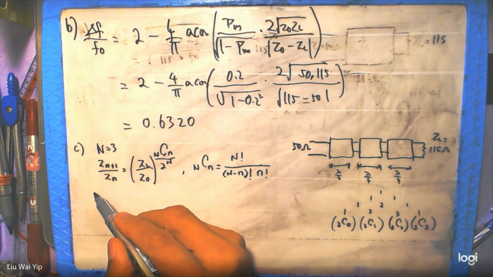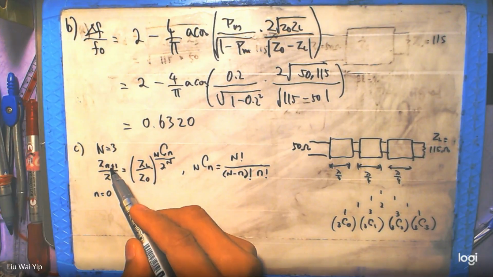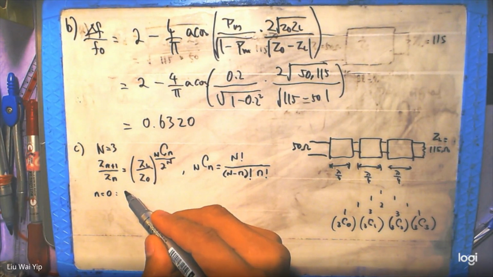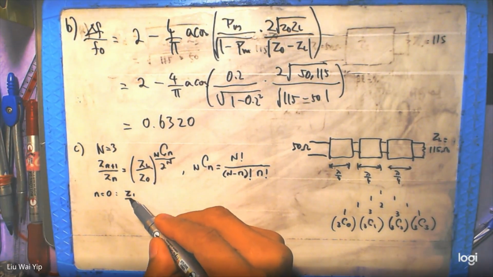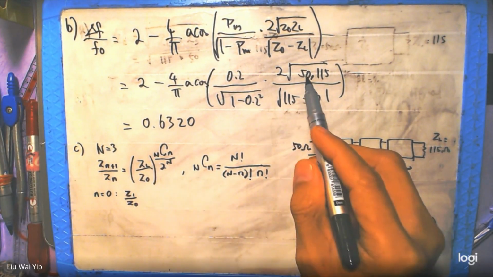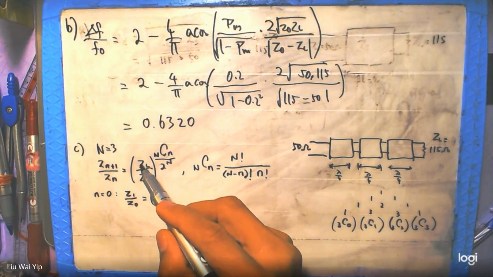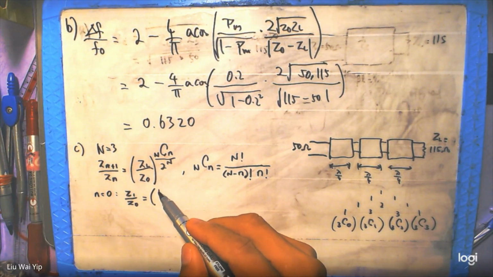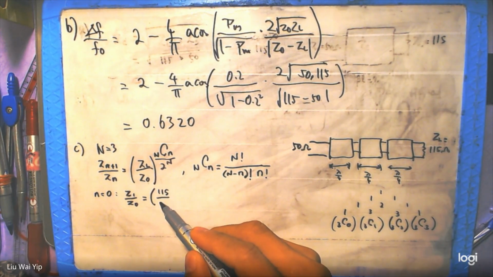So for n equal to 0, we will substitute into this formula, then we get 1, and Z naught is 50 ohm, and ZL is equal to 115, Z naught is equal to 50.